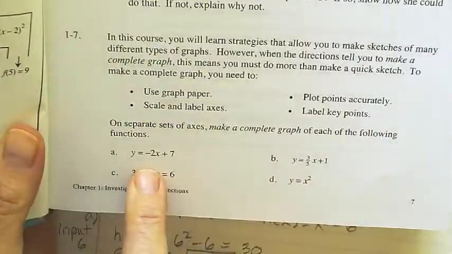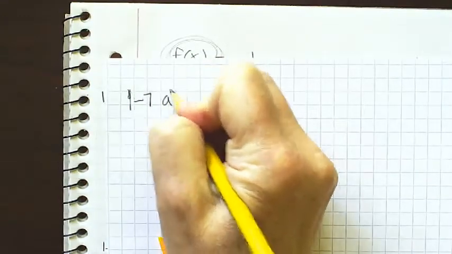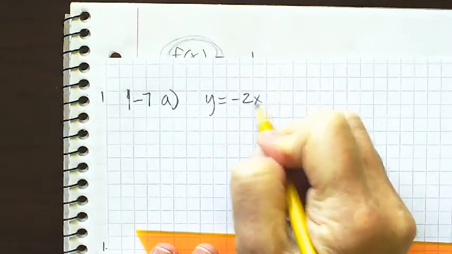Okay, so we're going to do -2x plus 7, so just a linear equation. Let me grab my little straight edge. Okay, so this is 1-7a, and it's y equals -2x plus 7.